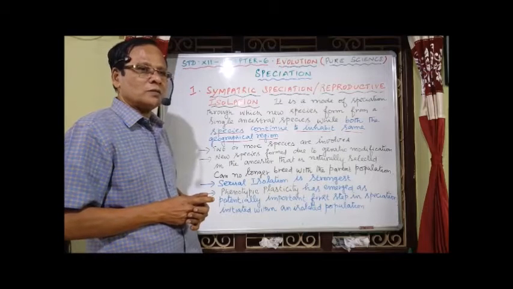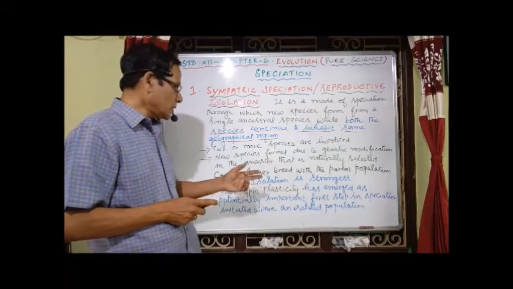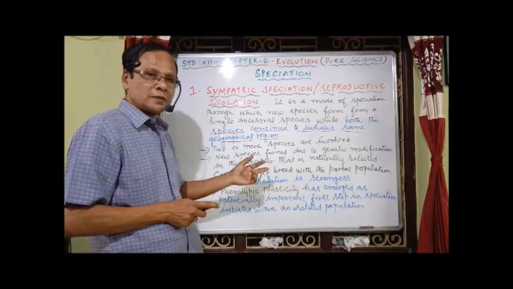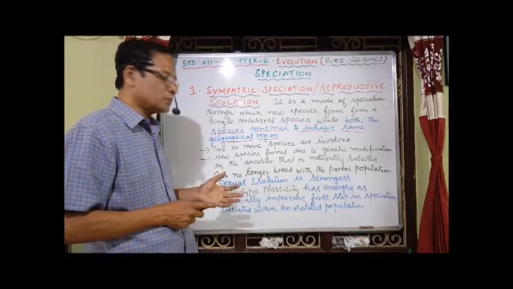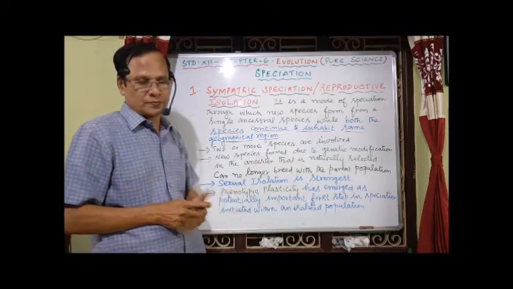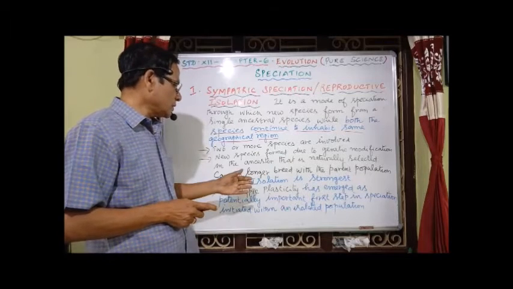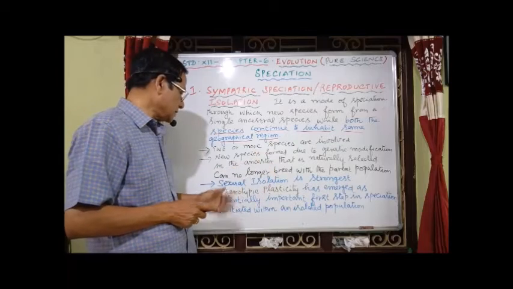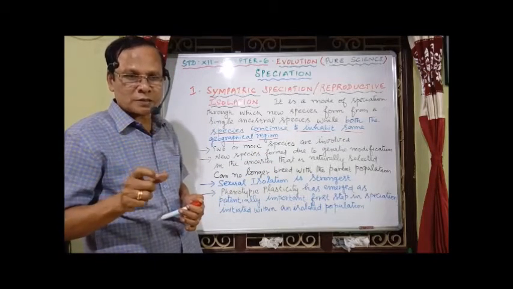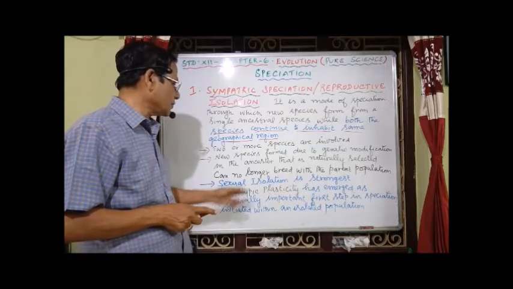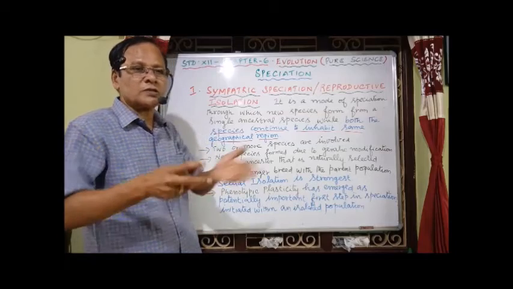Now we have one phenomenon called phenotypic plasticity. Phenotypic plasticity has emerged as a potentially important first step in speciation, and it is initiated within an isolated population.